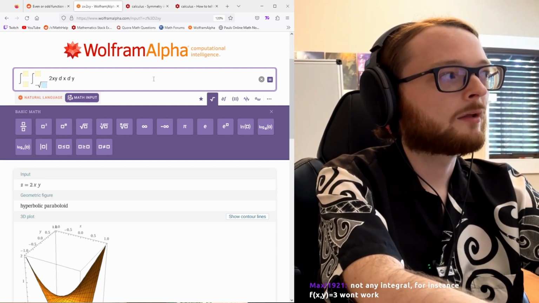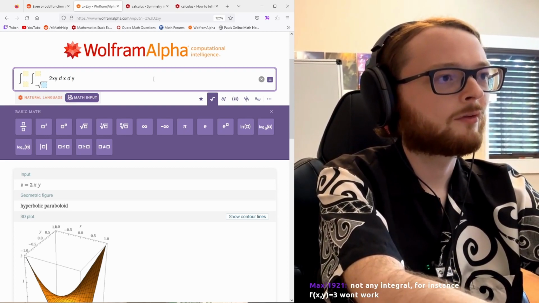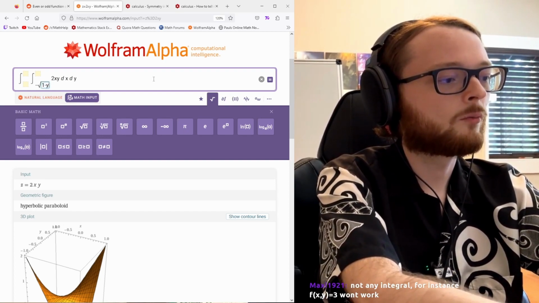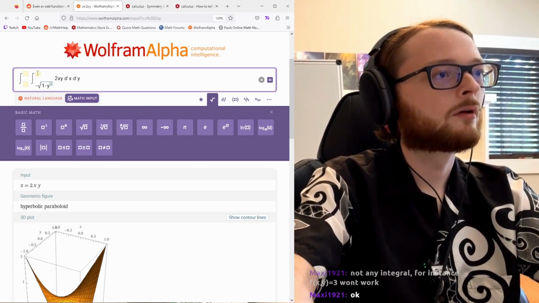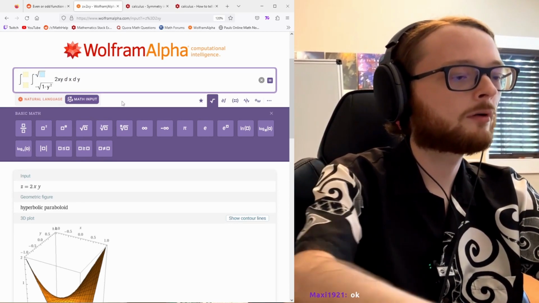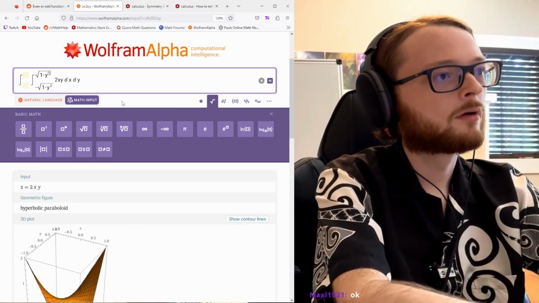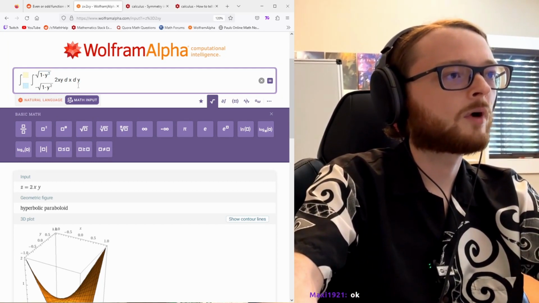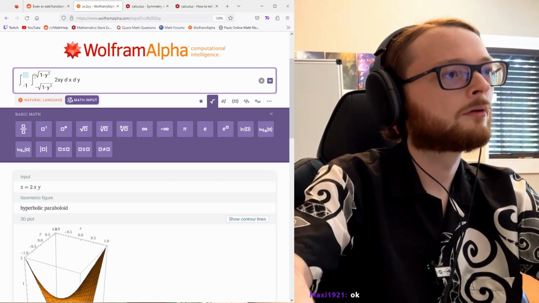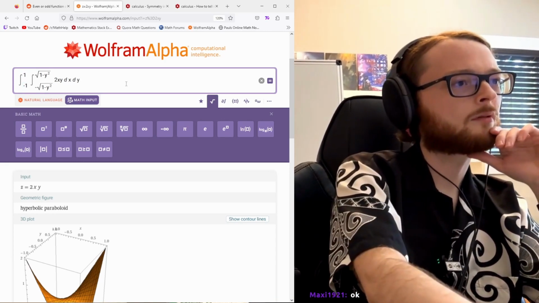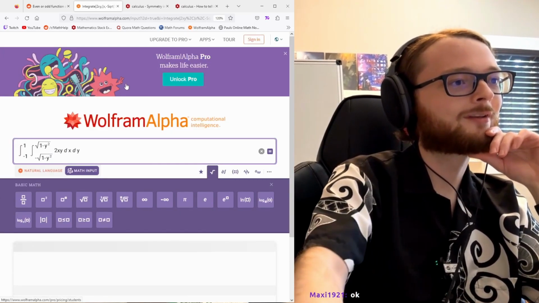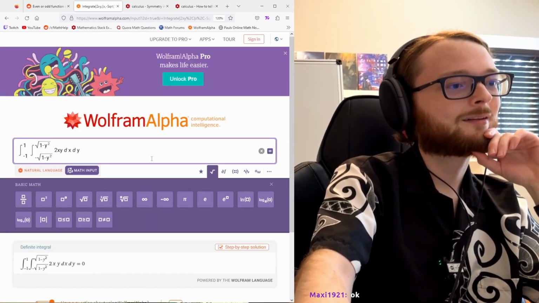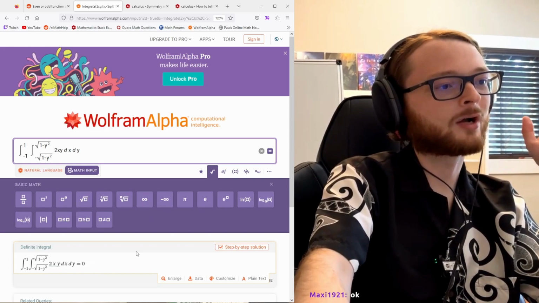Let's do a circle of radius 1. x goes from negative root 1 minus y squared up to root 1 minus y squared, and y would go from negative 1 to 1. This should be 0 if my calculations are correct. Yeah, okay, good. That gives me a lot more confidence.